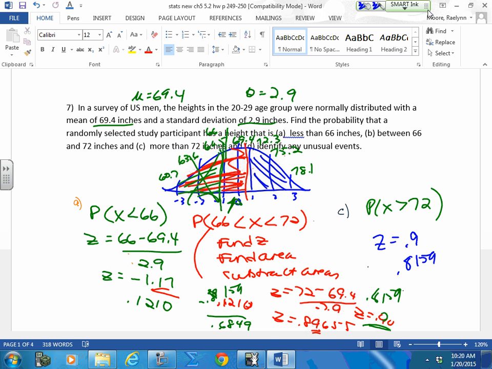So what do we have to do? Subtract it. You can look up the negative as well. Good, Nick. I could turn around and look up the negative 0.9 and not subtract it from 1. Or in this case, since I already know my area, I can just subtract my area from 1. Is this making a little bit more sense?